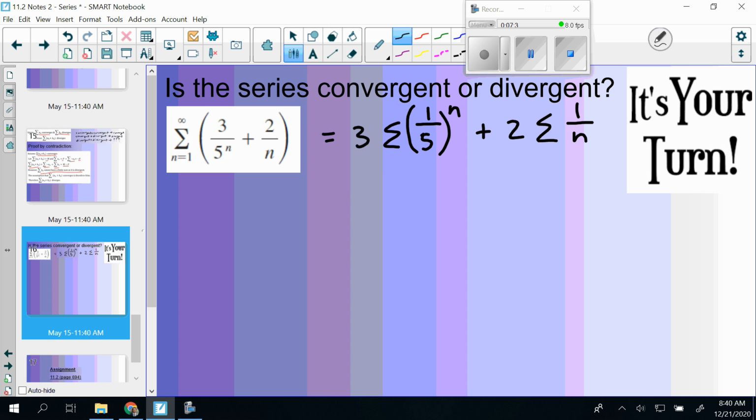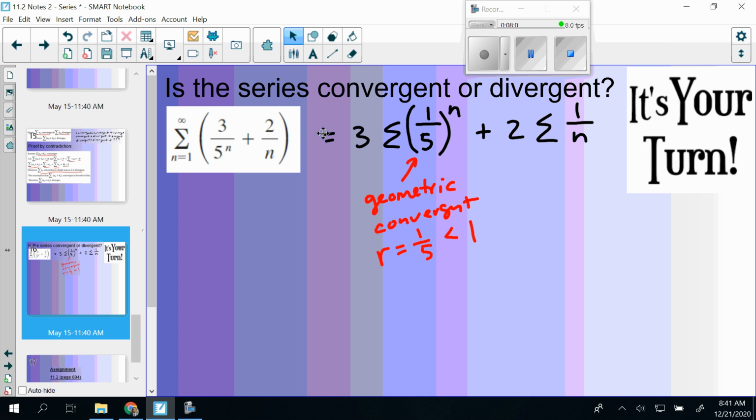Well, it looks like this first one here is geometric. It's a geometric sum, and this one should be convergent, because remember we talked about if your r value, which in this case is 1/5, is less than 1, then it's convergent. We could find the sum if we need to, but I don't think we're going to have to on this particular problem, because if we look at the next one, we see the harmonic series.